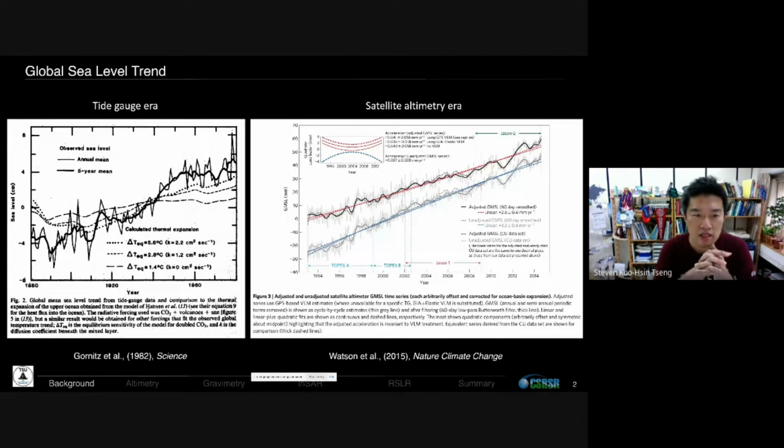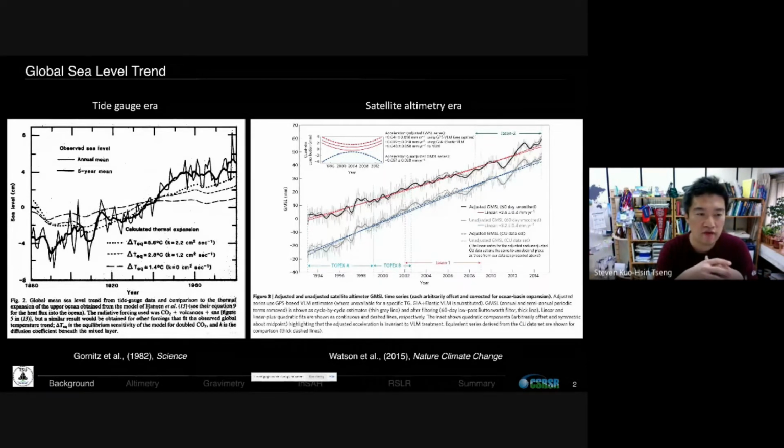As you can see, there are two plots. One is the sea level rise record from the tide gauge era. Since some 150 years ago, there have been tide gauges that keep measuring the level change of the sea surface.